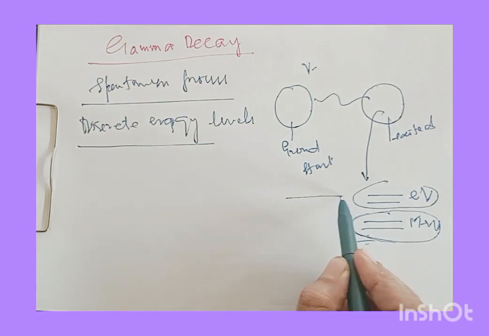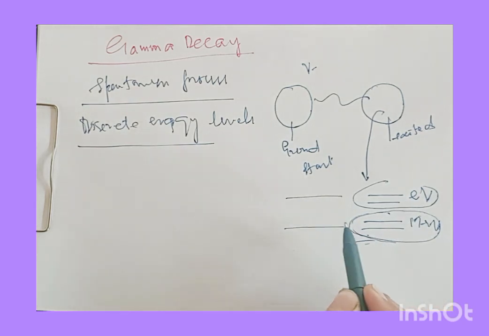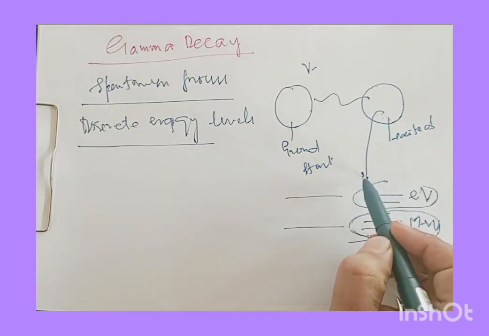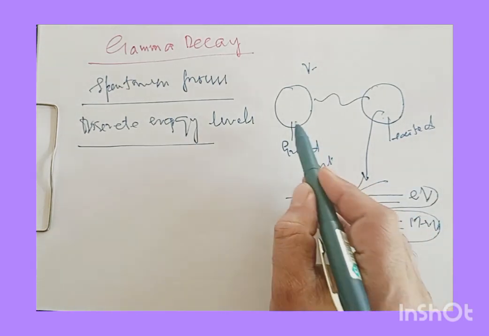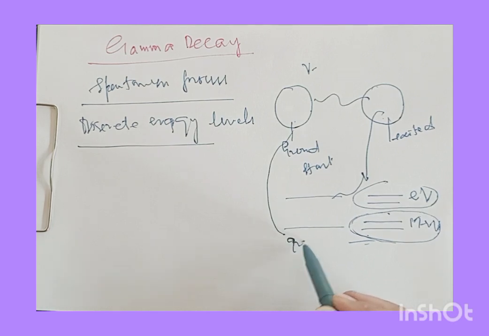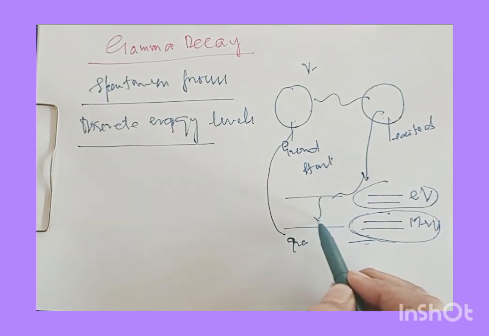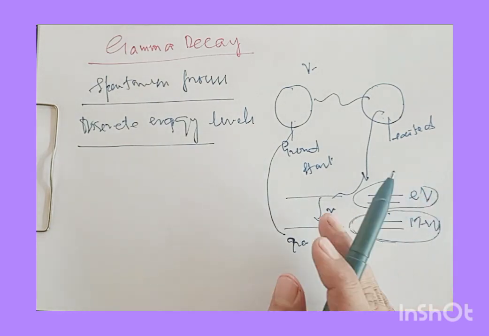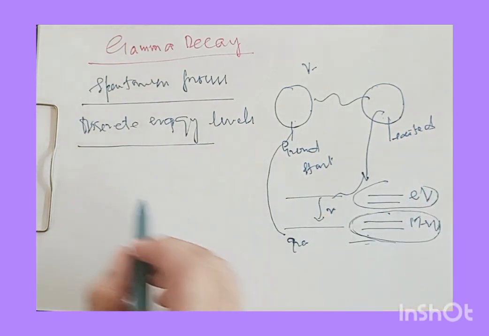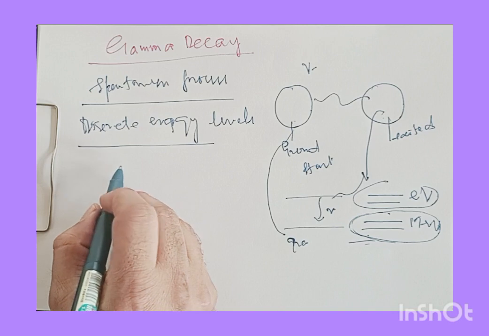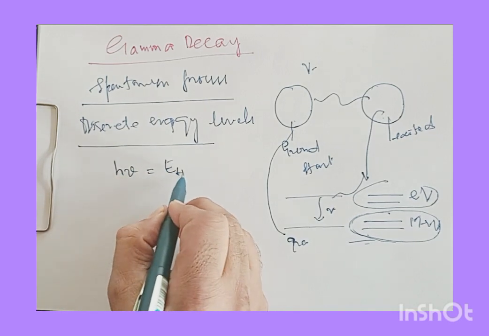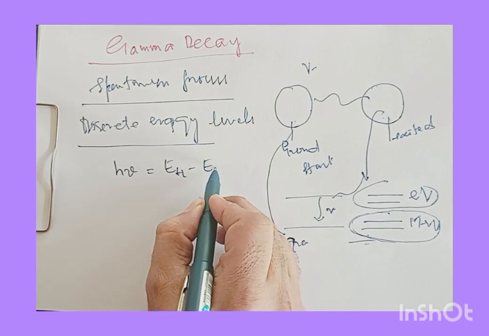So if I have a level, another level, this nucleus being in an excited state comes back to the ground state, and while coming back, it emits a gamma ray photon. The energy of this gamma ray photon is h nu equals E higher energy minus E lower energy.